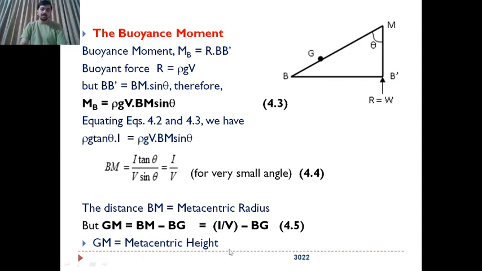So we are writing this BM as I by V. The derivation of how BM has become I by V is given. If you are interested, you can go through that. So GM equals I by V minus BG, where I is the moment of inertia, V is the displaced volume, and BG is the distance between the center of buoyancy and the center of gravity. Clear?